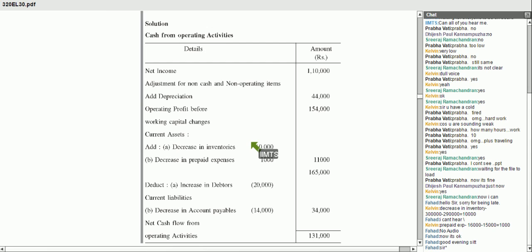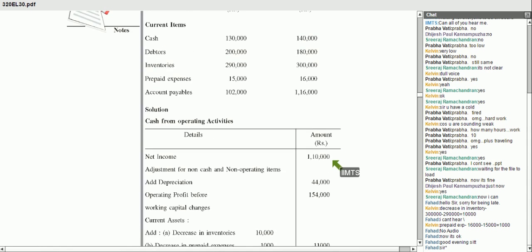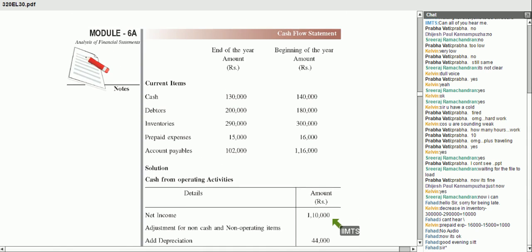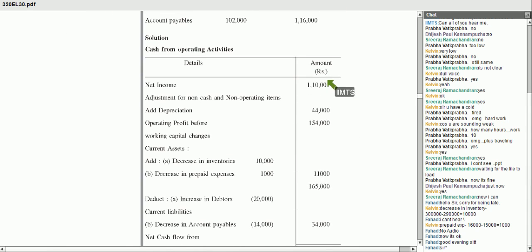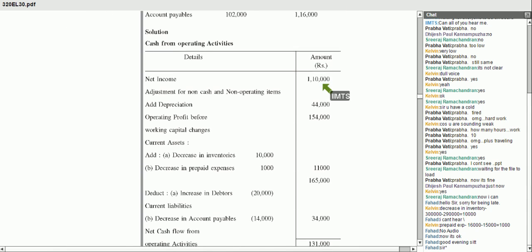So the first thing will be the net income. The net income will be 1,10,000.